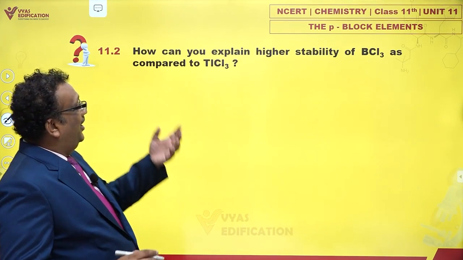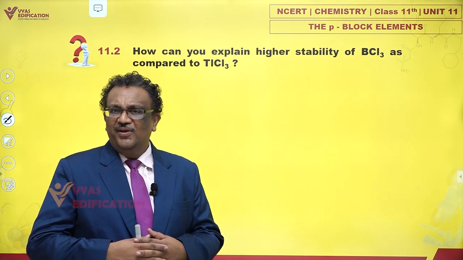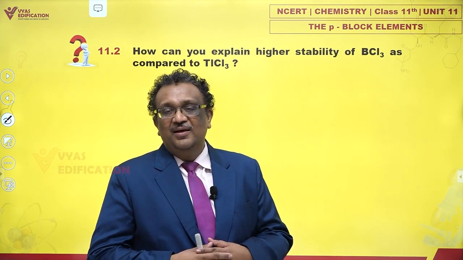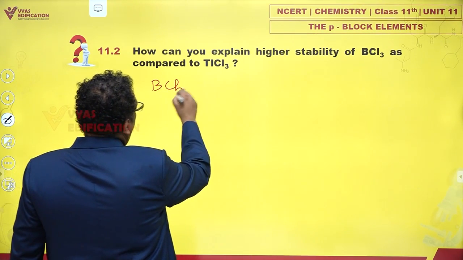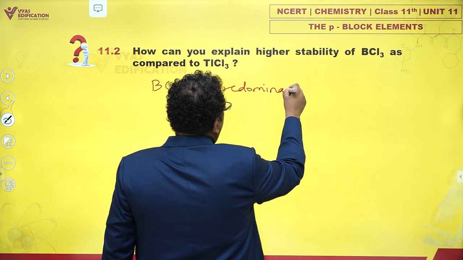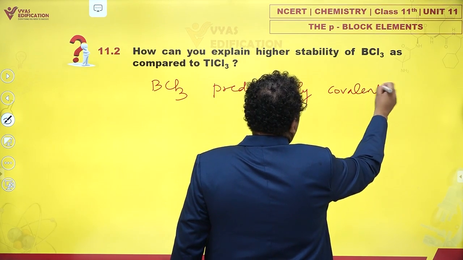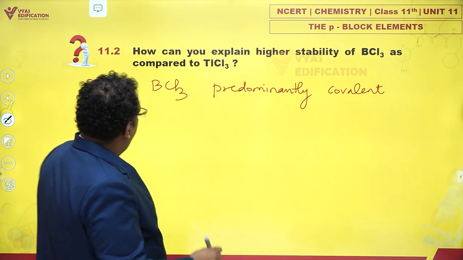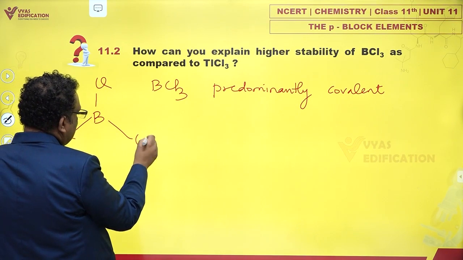Can you explain the higher stability of BCl3 as compared to TlCl3? Yes, we can. Why? Watch. BCl3 is predominantly covalent, right? So you have one boron happily joined with 3 Cl atoms.